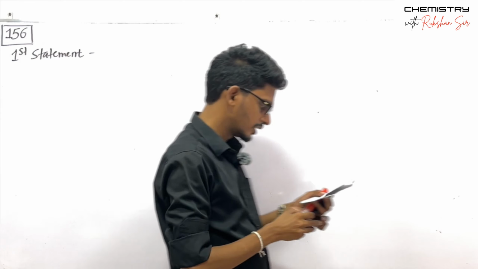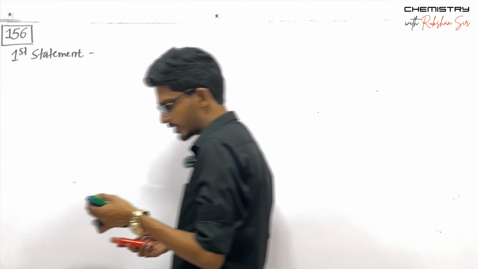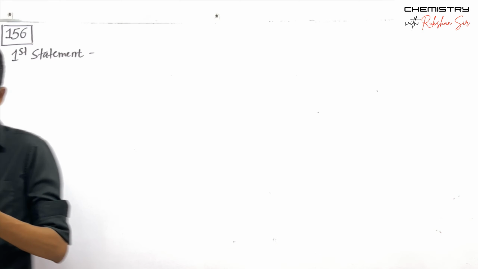Nickel 2 plus solution does not produce a black precipitate of nickel sulfide with H2S in dilute HCl medium.